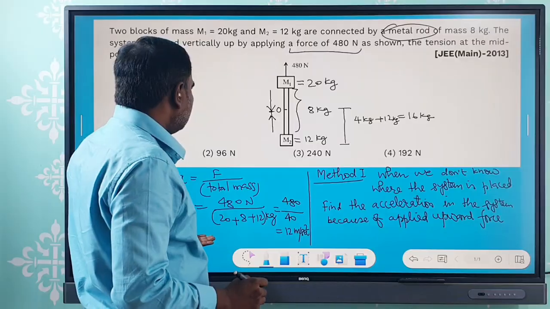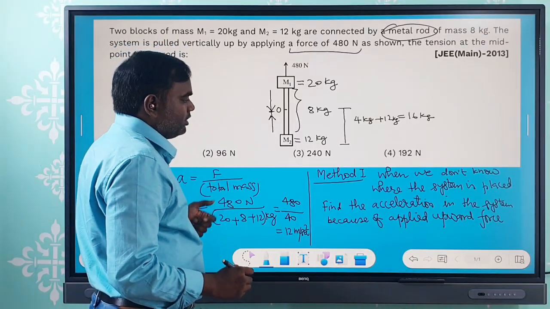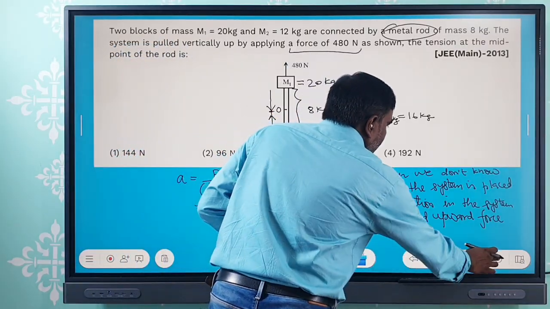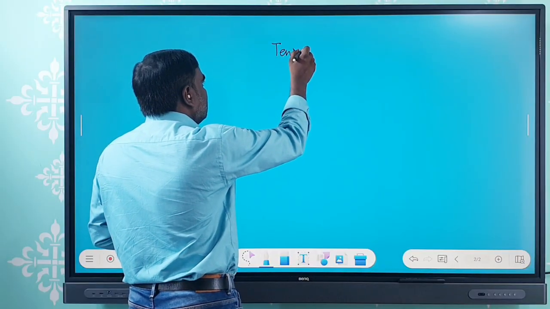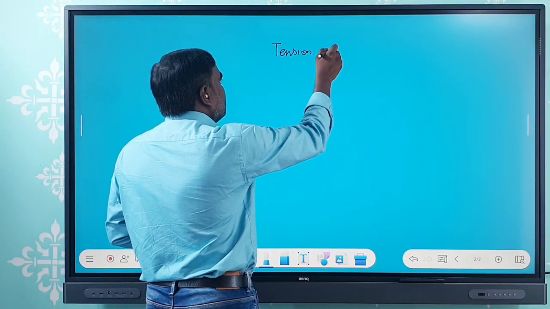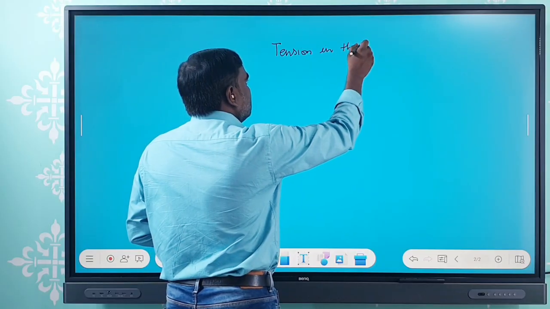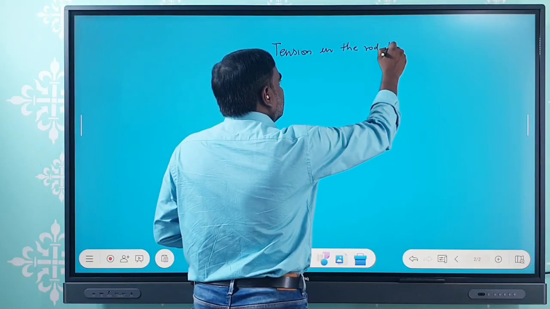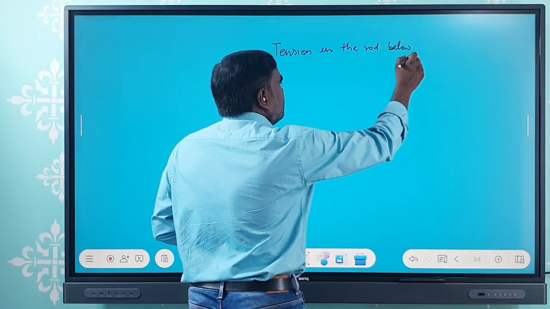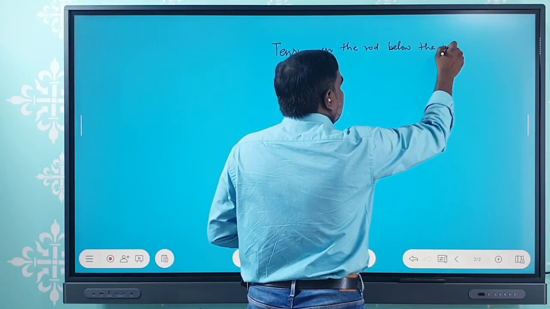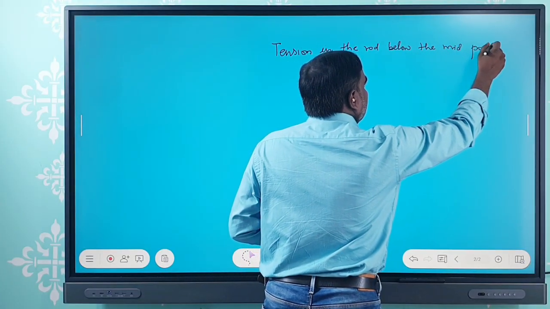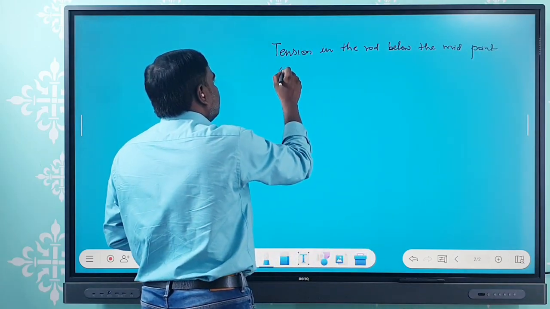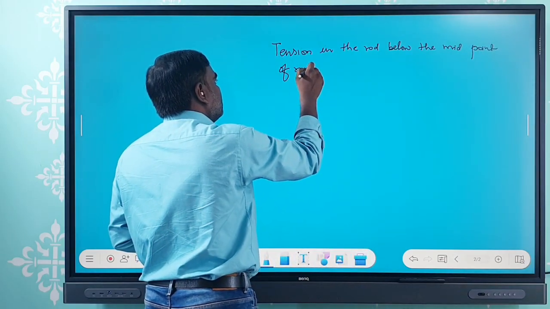So we can find the tension in the rod below the midpoint of the metal rod.